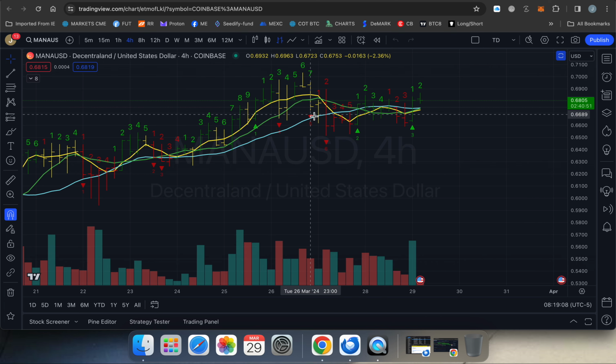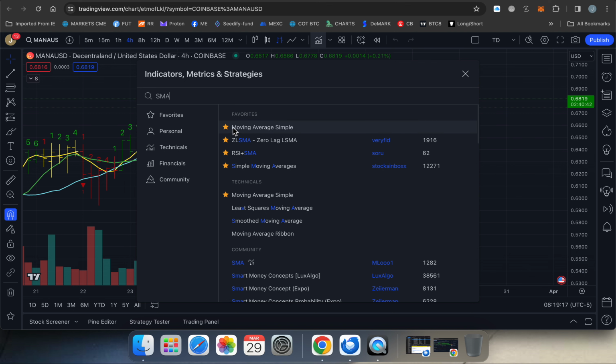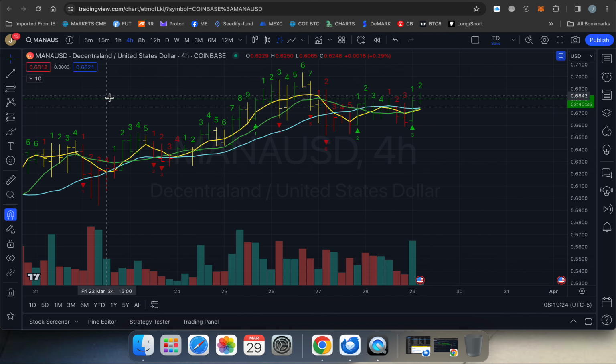And you just want to set up your 18-day moving average. So you come over here and search for SMA. I've got it toggled as a favorite. You just left click it one time. That's going to add it to your chart.